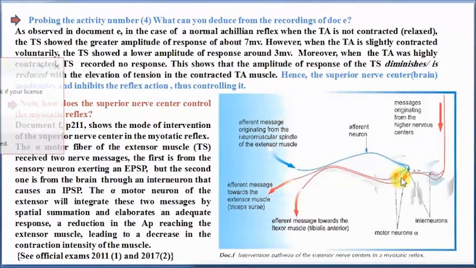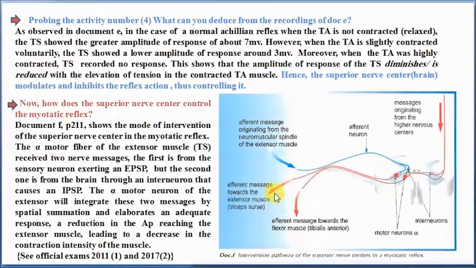This leads to a reduction in the action potential carried by the alpha motor fiber of the extensor reaching the extensor muscle, which decreases the intensity of contraction of the muscle.